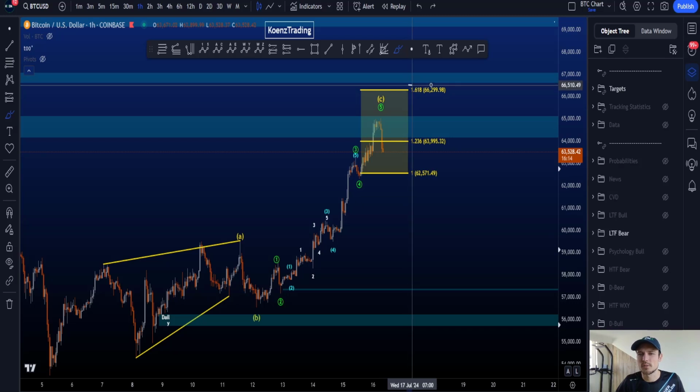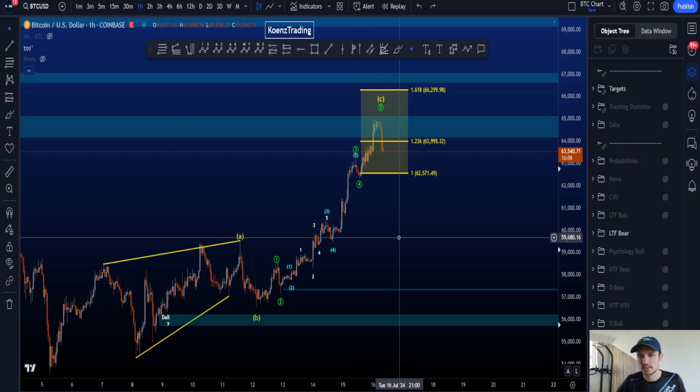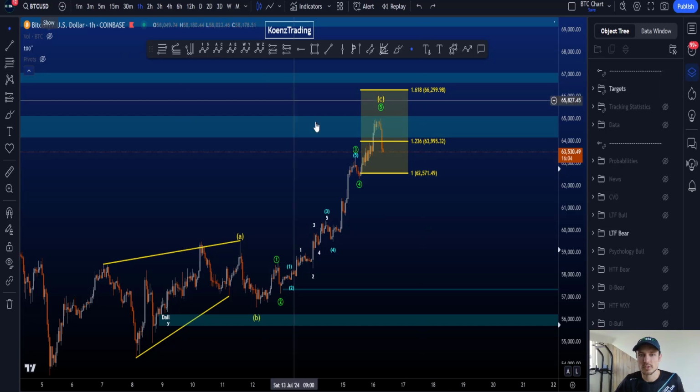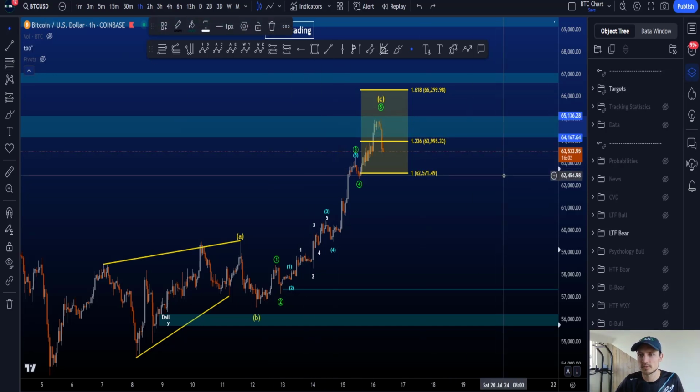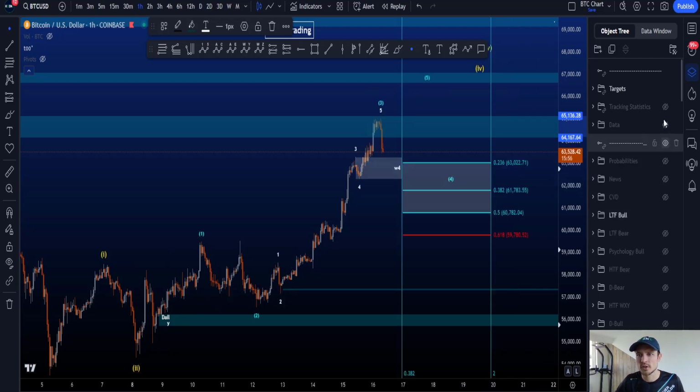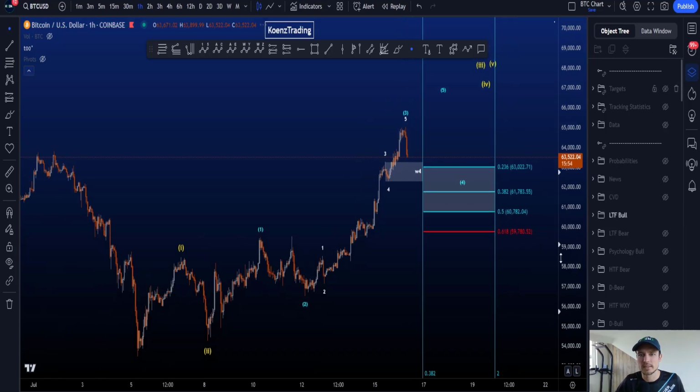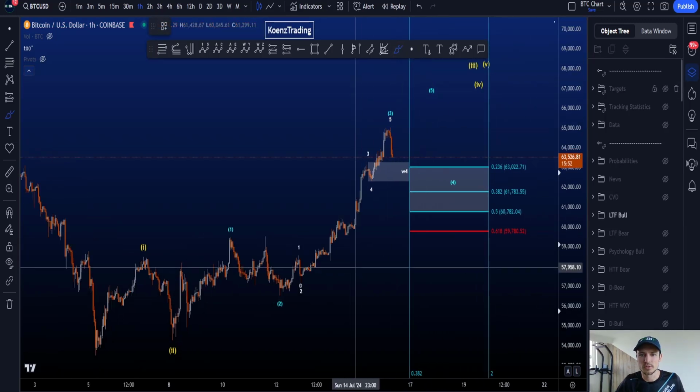But then you're also going to move above the 1.618 for wave C, which really starts to lower the probabilities for a wave C to the upside as well. So in other words, preferably this box is holding and the resistance here sits between 64.1K and 65.1K.